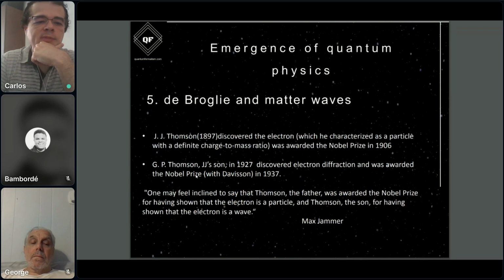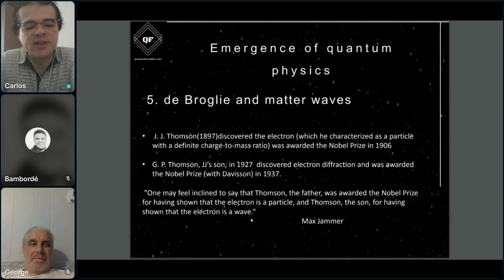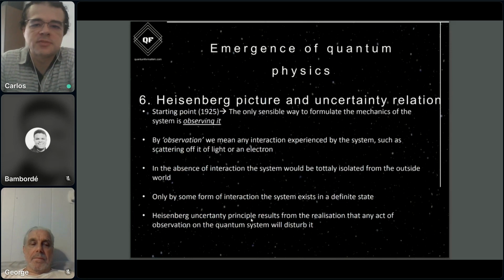It was awarded the Nobel Prize, with Davisson, in 1937. So one may feel inclined to say that Thomson the father, J.J., was awarded the Nobel Prize for having shown that the electron is a particle, and the son, G.P., for having shown that the electron is a wave. So this duality in the family. But this is just a comment. So this is the thing so far.